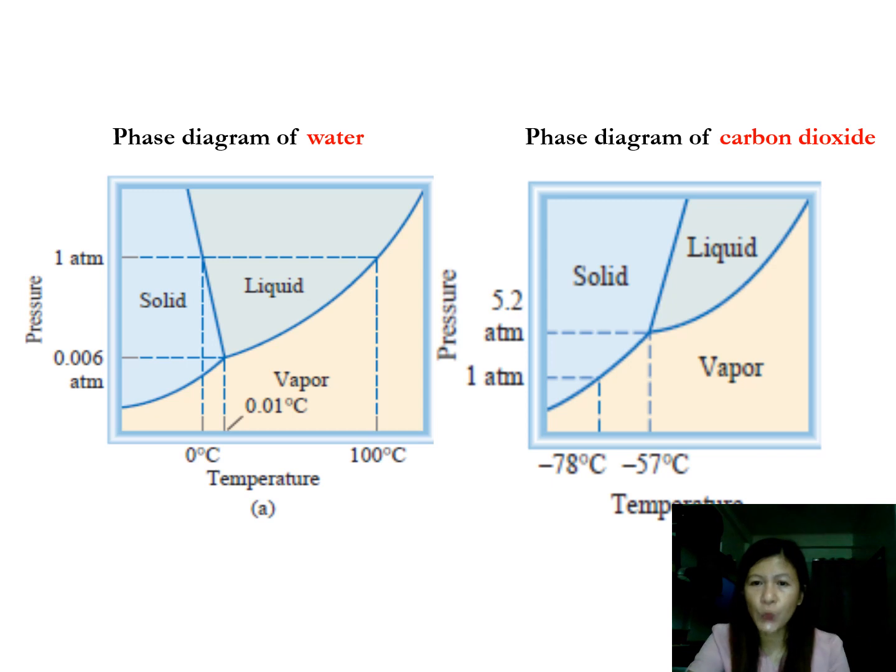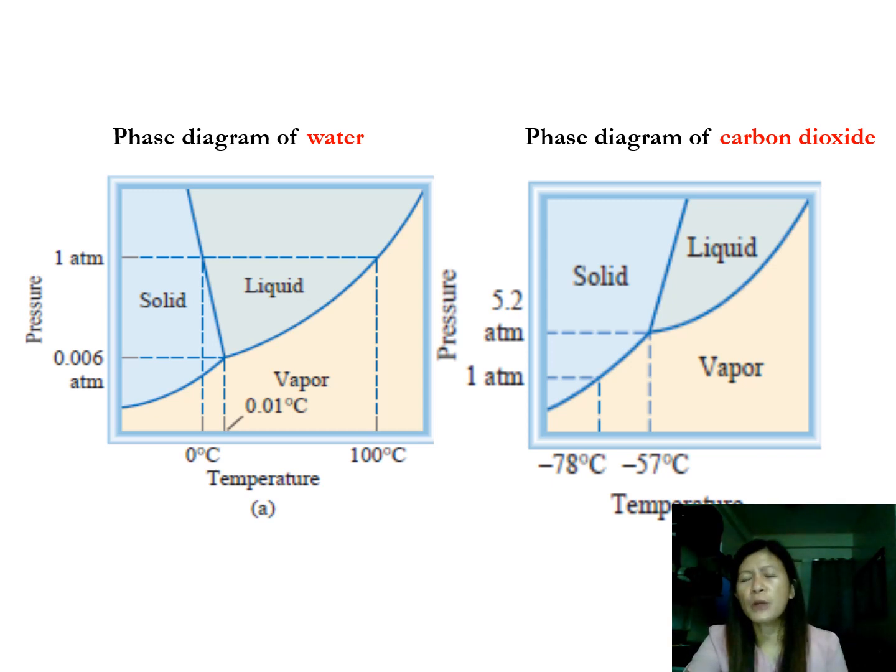It has to reach what? Higher than negative 57 degrees Celsius. And at a much higher pressure. Kung ang water requires only 1 atm and above 0 degrees Celsius to become liquid, ang carbon dioxide ay hindi. It requires higher pressure of 5.2 atm and at least negative 56 degrees Celsius para mag-exist siya as liquid.